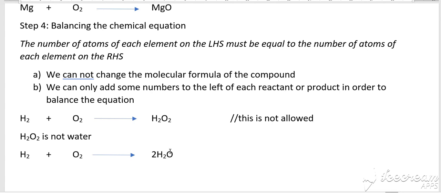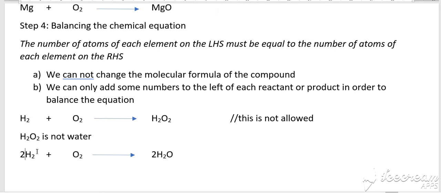So now here there are 2 atoms of oxygen, and here also there are 2 atoms of oxygen. So oxygen becomes balanced. But the number of hydrogen atoms, here it becomes 4, but here there are only 2 atoms of hydrogen. So we have to balance now the number of hydrogen atoms on both sides of the equation. So in order to do that, we can write 2 over here.